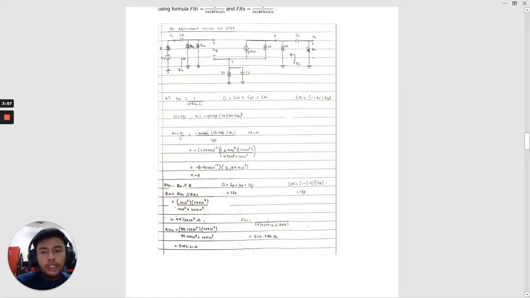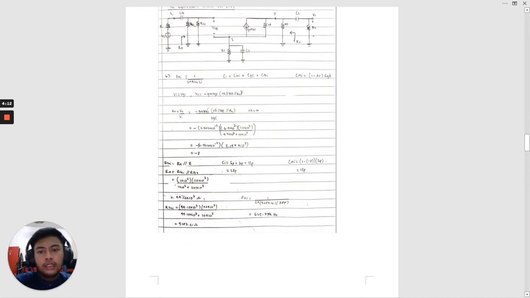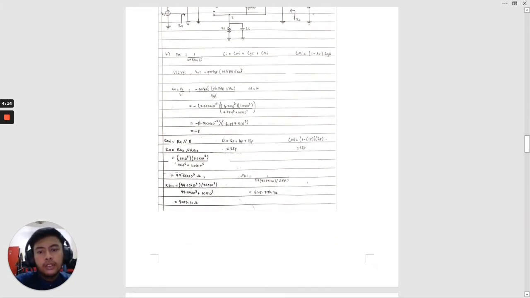For V in is VGS. Since RD is infinity, we just ignore RD, and then we just cancel VGS. So substitute the value, get the answer is negative 8. So we can continue calculate.